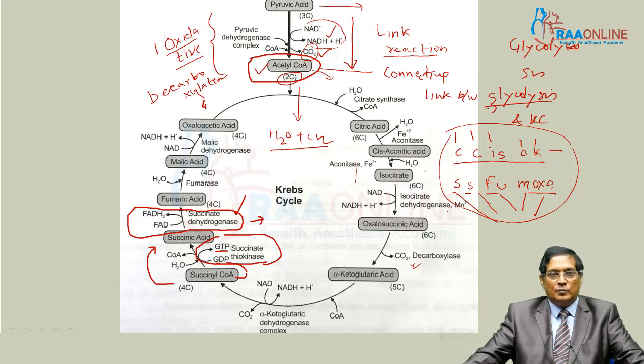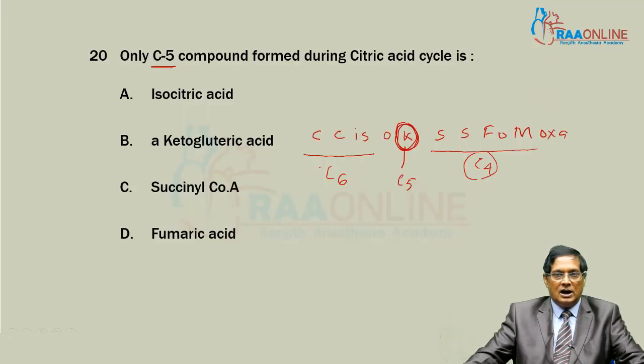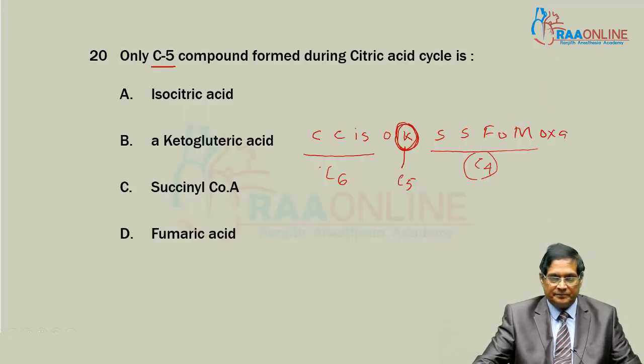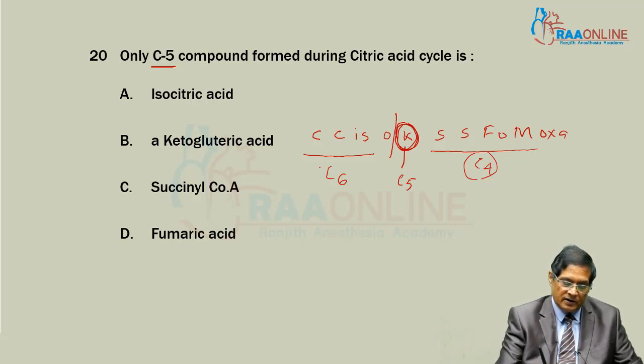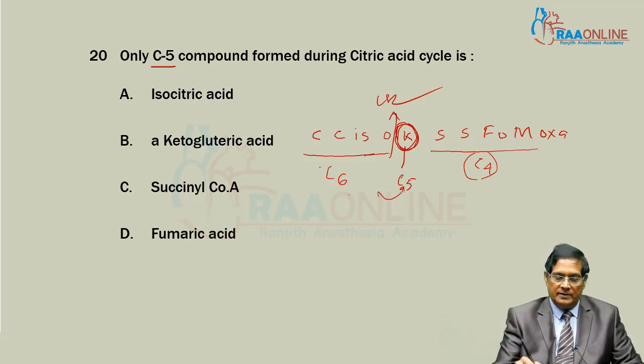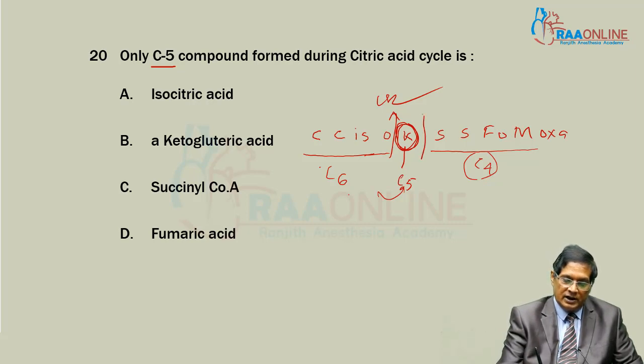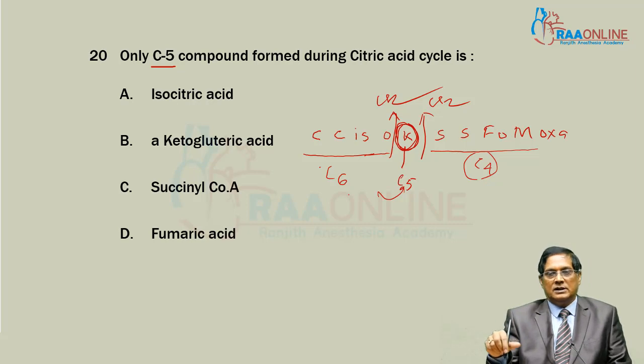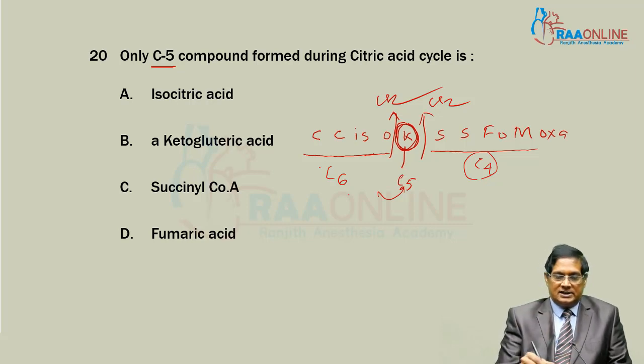So there are two places from which carbon dioxide is released. If carbon dioxide is released at step number 1, C6 is converted into C5. And if ketoglutaric acid releases CO2, then only a 4C compound is possible. So it also indicates in which steps carbon dioxide is released.